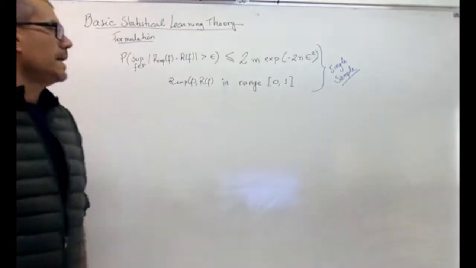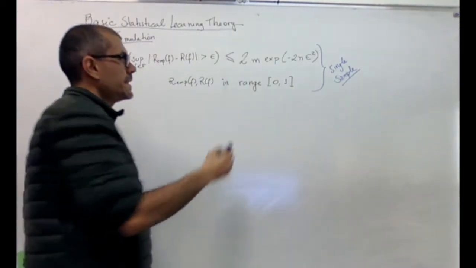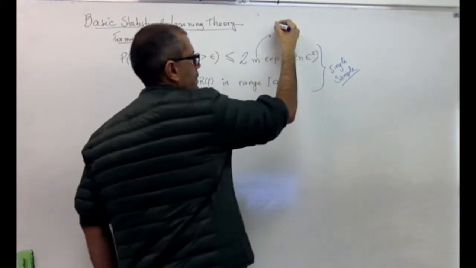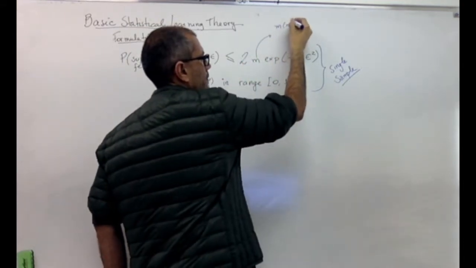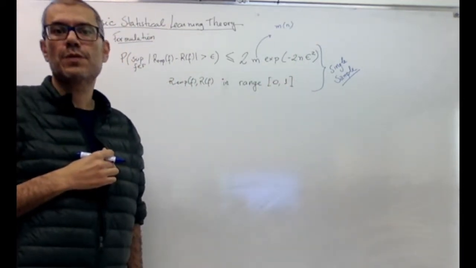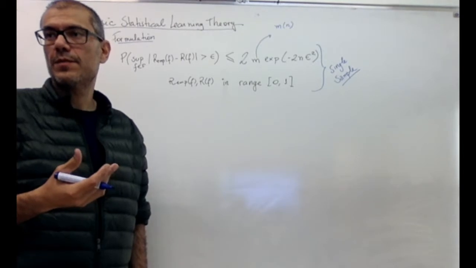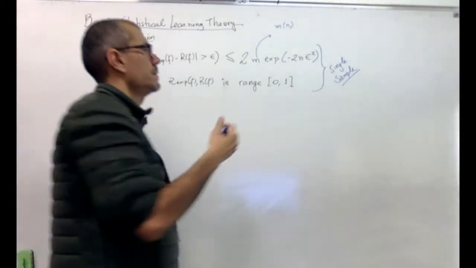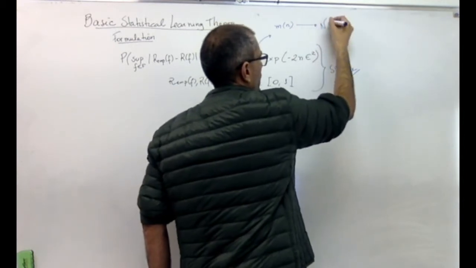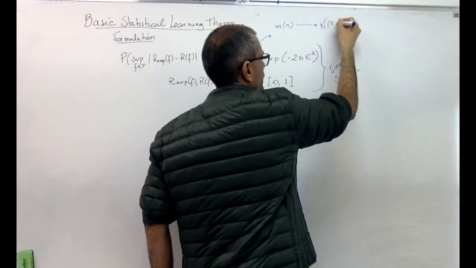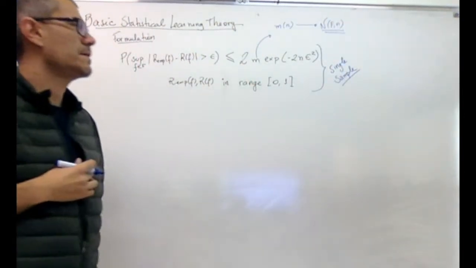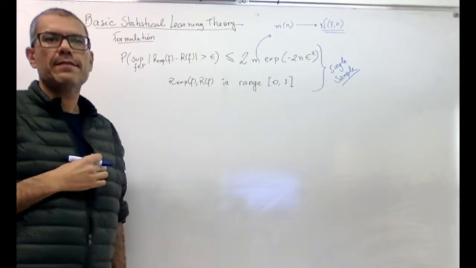Okay. And instead of using this m, we could use something like m of n, because this is the Shattering Coefficient. It's a function that grows according to the sample size. But Vapnik, and some papers, usually refer to this function as N of F_n.